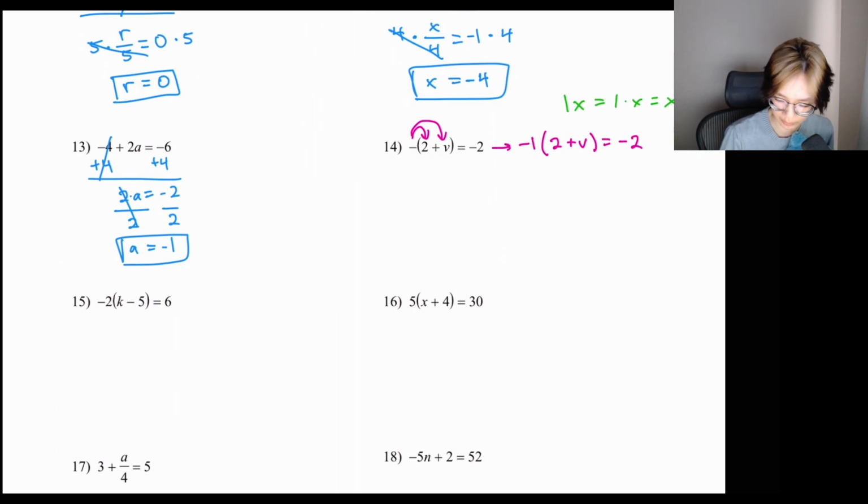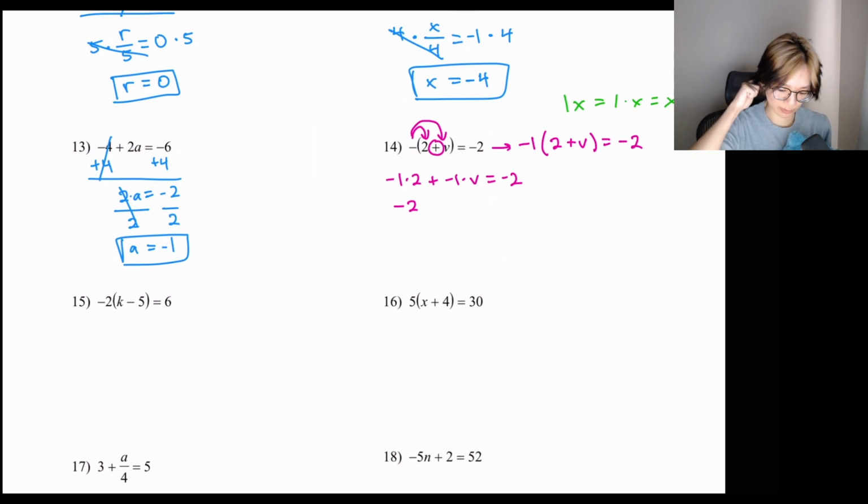So we're going to distribute that negative 1. We have negative 1 times 2 plus, I should have done this in blue, negative 1 times v equals negative 2. Negative 1 times 2. Anything times 1 is itself, different signs, so it's negative.